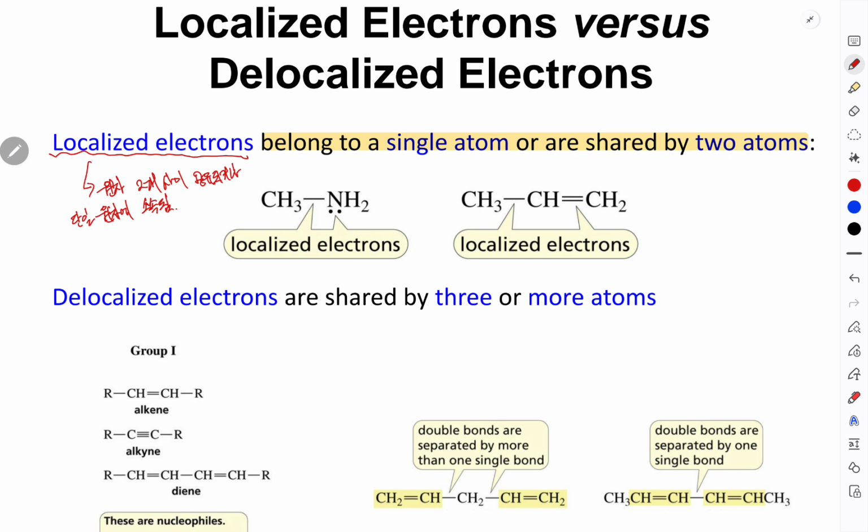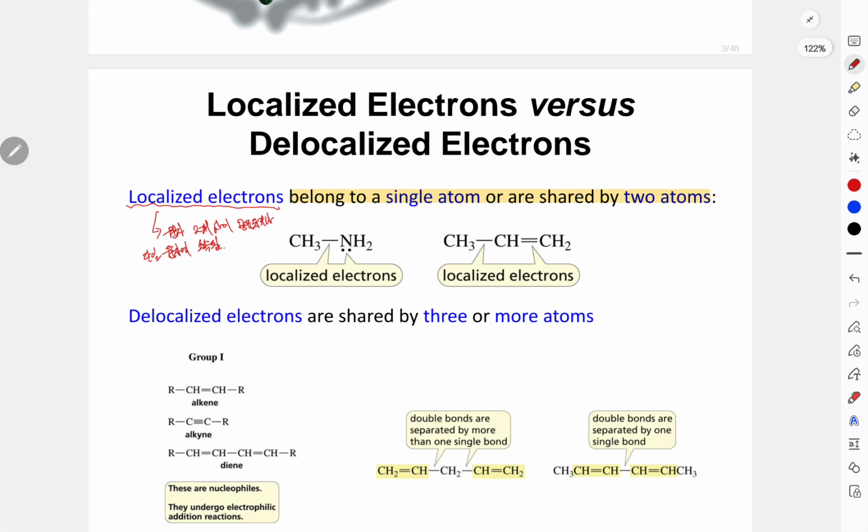But these are all localized. What about delocalized electrons, right? Delocalized electrons are usually shared by three or more atoms, right? So these are typical examples of delocalized electrons and functionalities. We'll study a lot in this chapter, right?